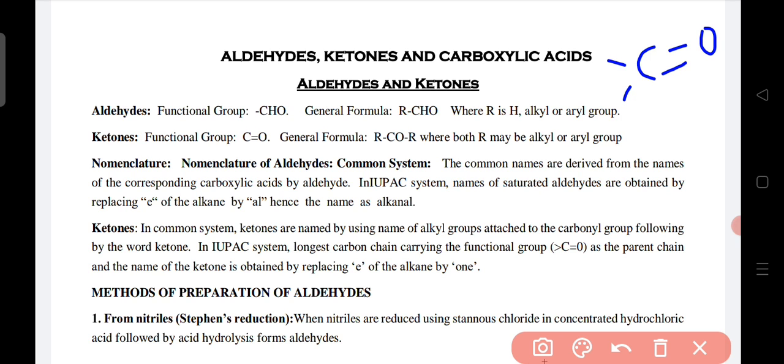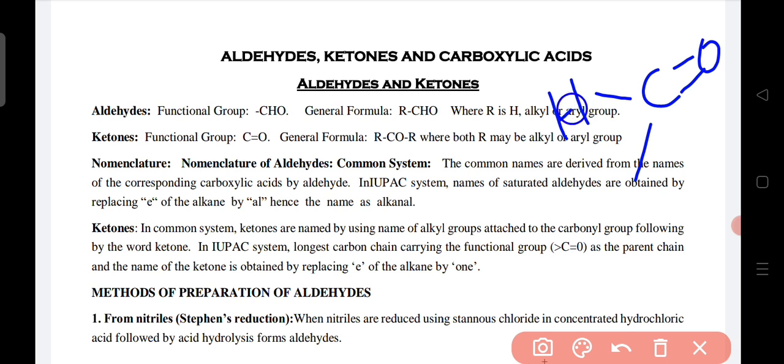The reason is that carboxylic acids have one OH group on the carbon, and the other substituent may be hydrogen or any alkyl group. But in aldehydes and ketones there is one keto C=O linkage. Aldehydes have one hydrogen, and the other will be hydrogen or an alkyl group.